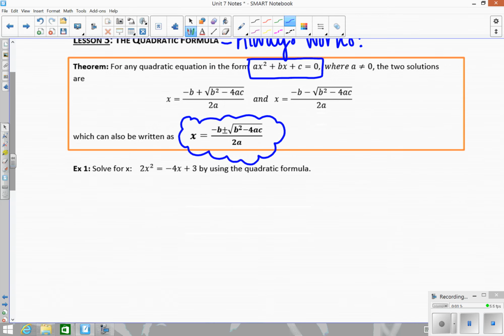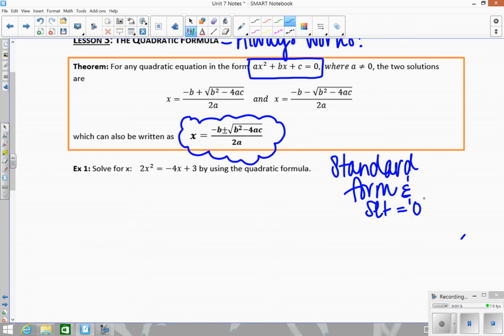So the first thing you always have to do is get your equation in standard form and set equal to 0. Standard form means your exponents are in decreasing order, and set equal to 0. That's your first step.